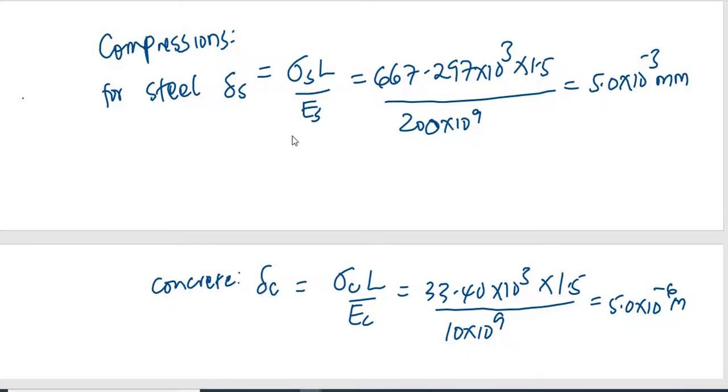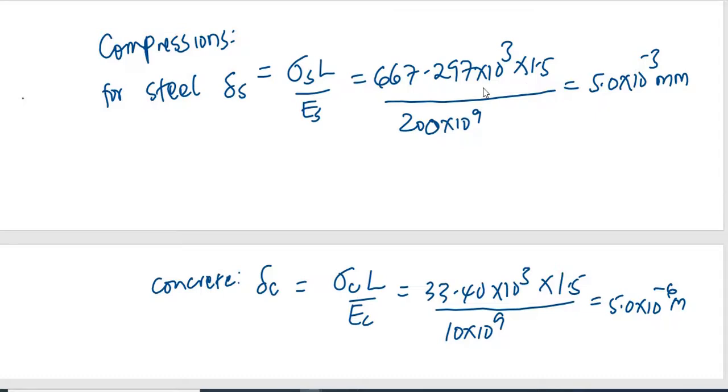So we know that the extension, or the compression, actually the change in length of steel, will equal the stress in steel times length divided by the Young's modulus of steel. So the stress in steel is 667.297 times 10 to power 3.